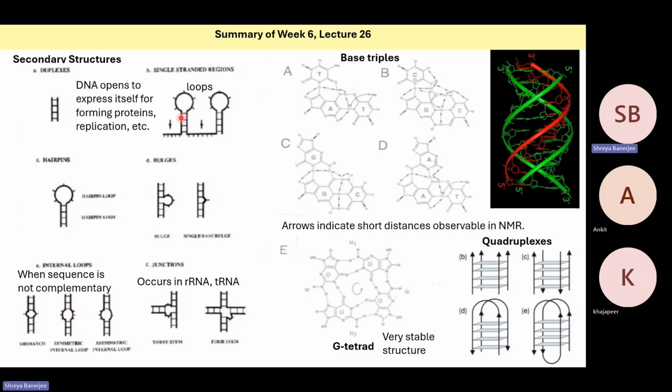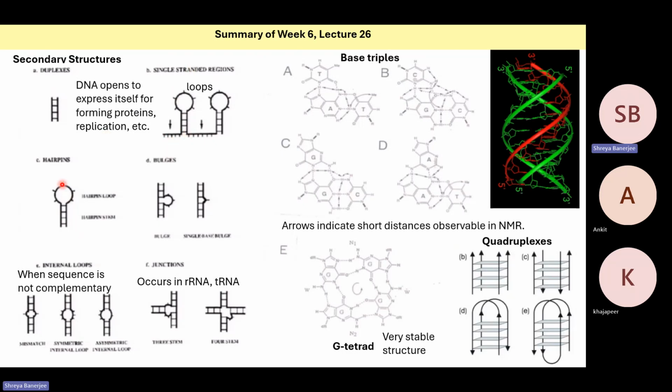In that case, sometimes regions like loops can form, where in the loop region it is single strand. Now, this loop region can form mRNA, or it can be used for replication of only this part of the DNA. So, for any activity of the DNA, it needs to become a single strand. And that can happen in this kind of loop region.